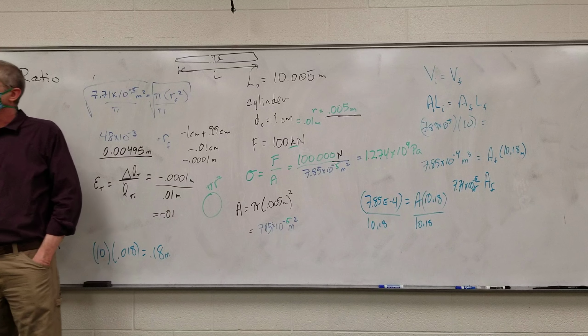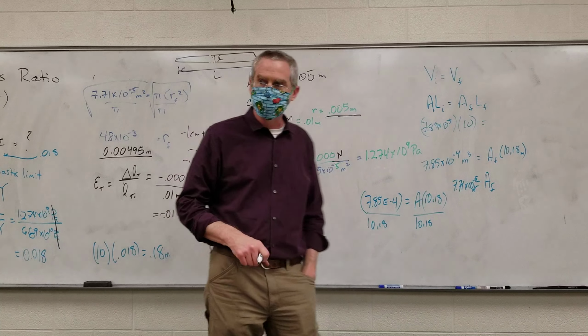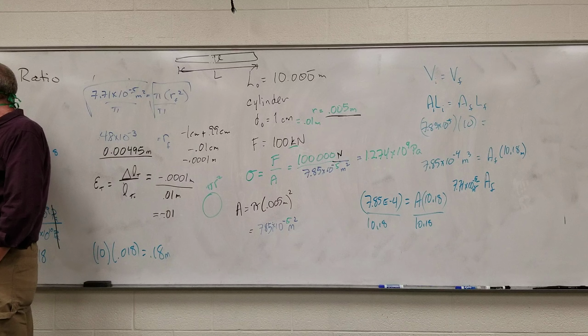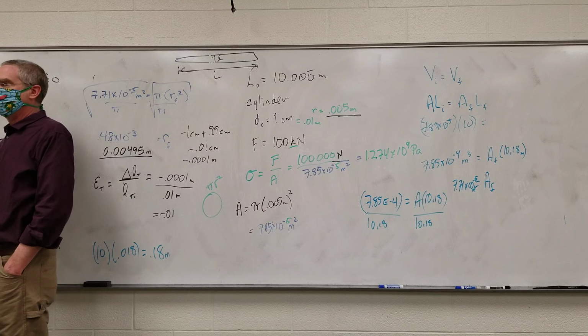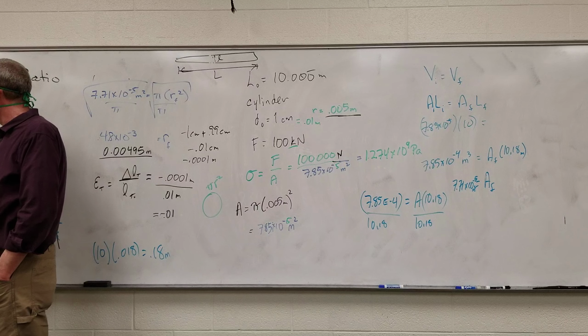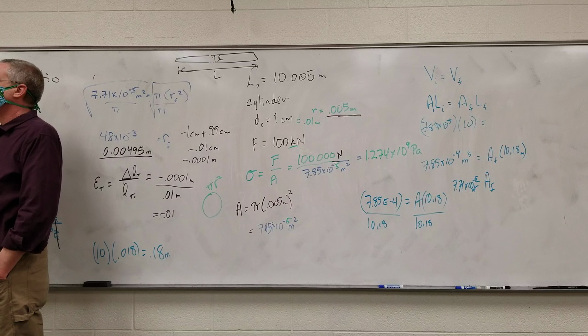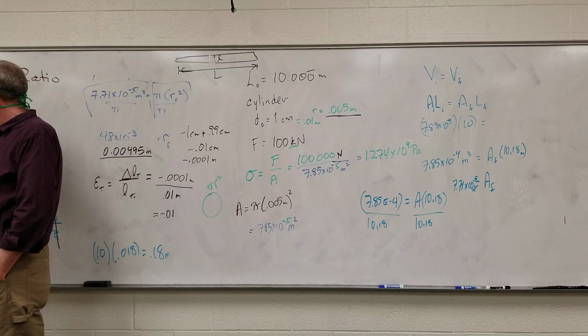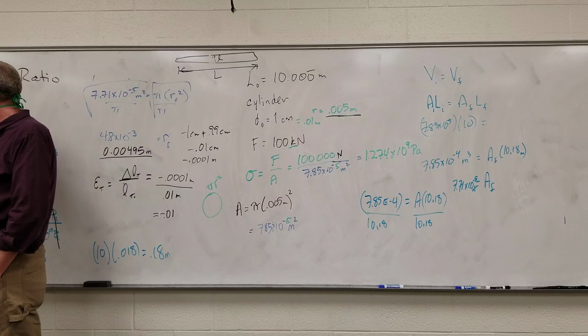And so we end up with a Poisson's ratio of 0.5 something, 0.5 repeated.